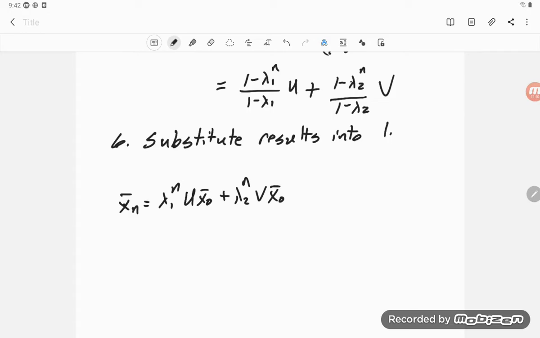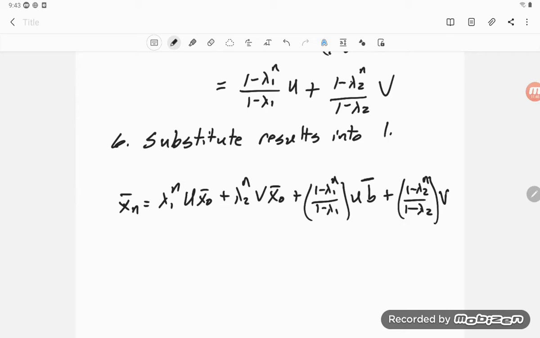And then plus our 1 minus lambda 1 to the n over 1 minus lambda 1, all times u, and then times our b vector, and finally plus 1 minus lambda 2 to the n over 1 minus lambda 2 times v times our b vector. And there's our solution.